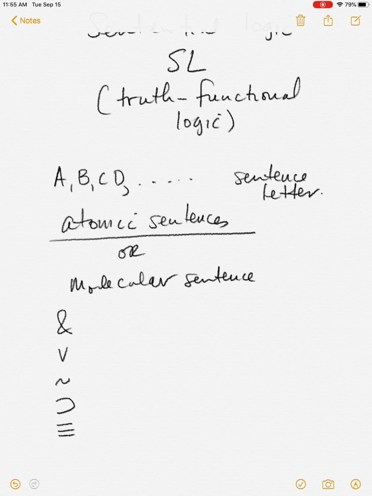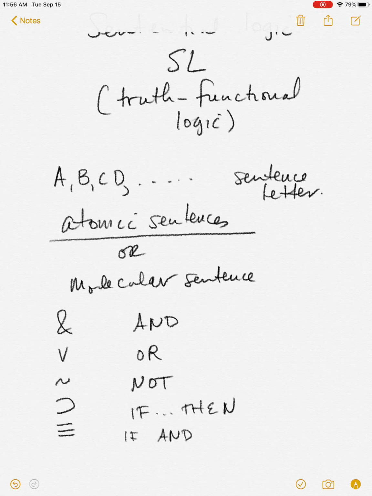These are roughly translations, or at least they're closely connected to the English words and in the case of the ampersand, or in the case of the wedge, or, not in case of the tilde, if then for the horseshoe, and if and only if for the triple bar. We talked about this as a conjunction. I'll talk more about that as we proceed.